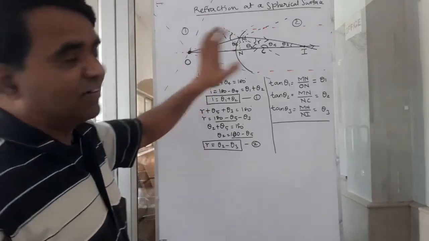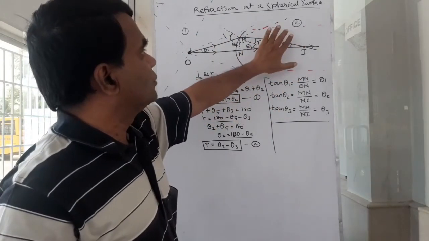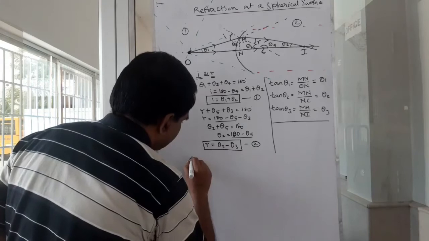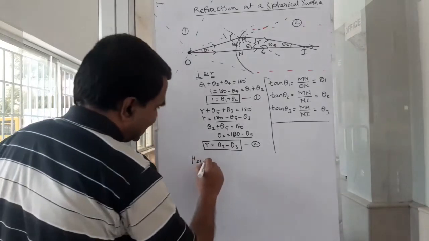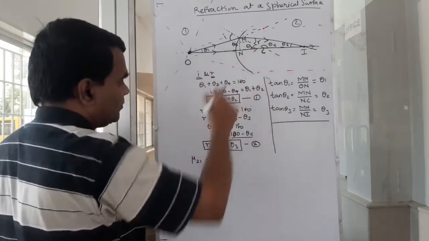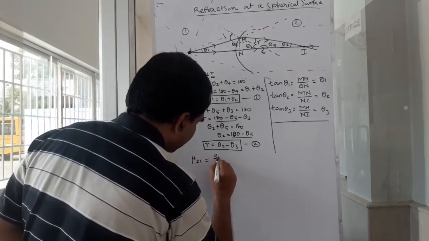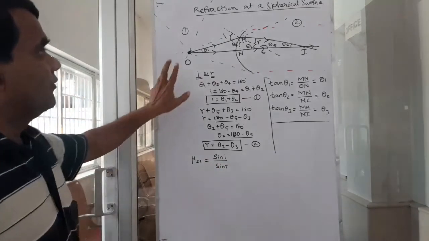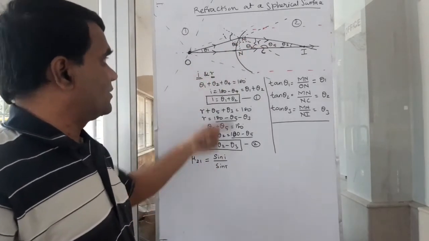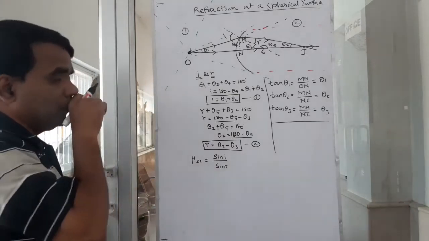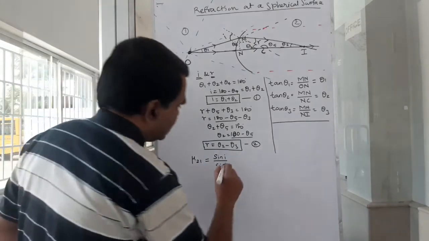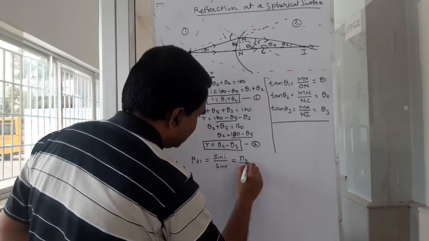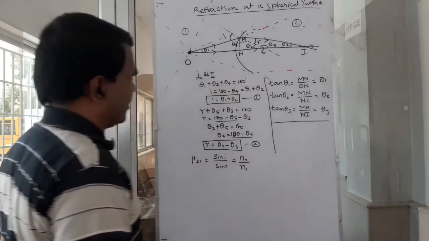So what do you think is the refractive index of 2 with respect to 1? So refractive index mu 2 1 is equal to sin I by sin R. But what have we just found? We have found that this is equal to refractive index of 2 divided by refractive index of 1.